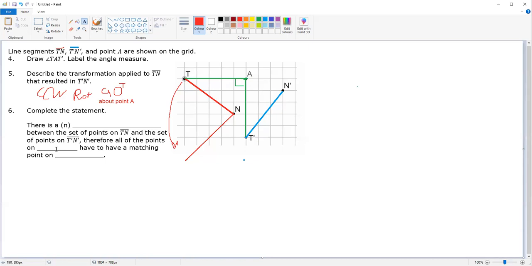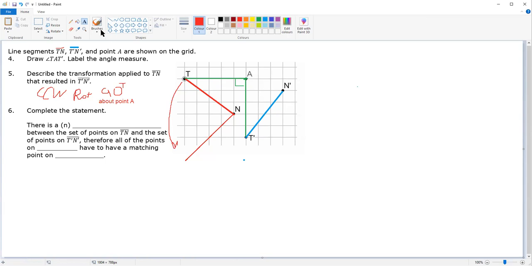Therefore, the points on the line segment must have isometry. This is saying all the points on this are isometric to all the points on this, so everything on this matches everything on this.